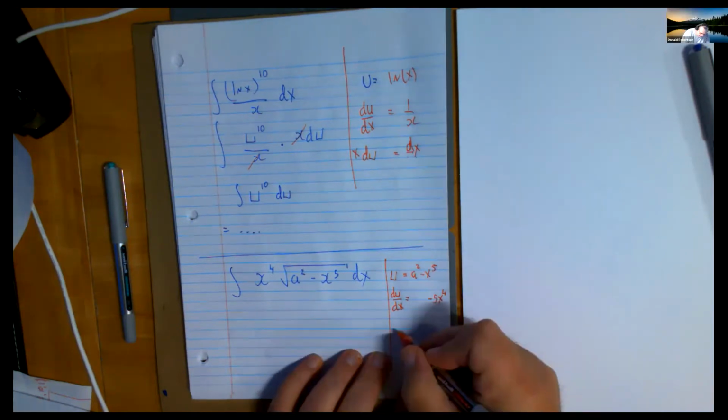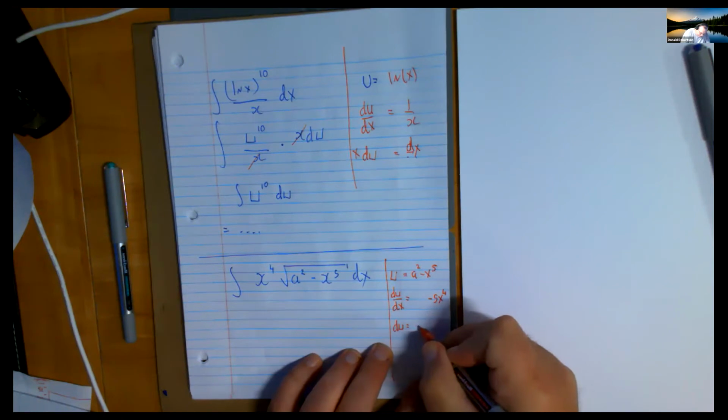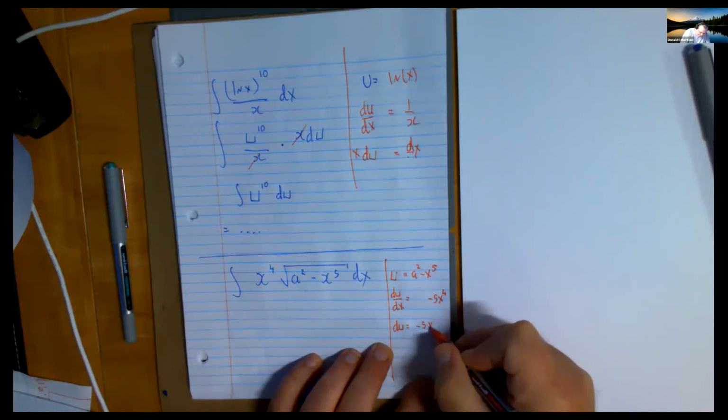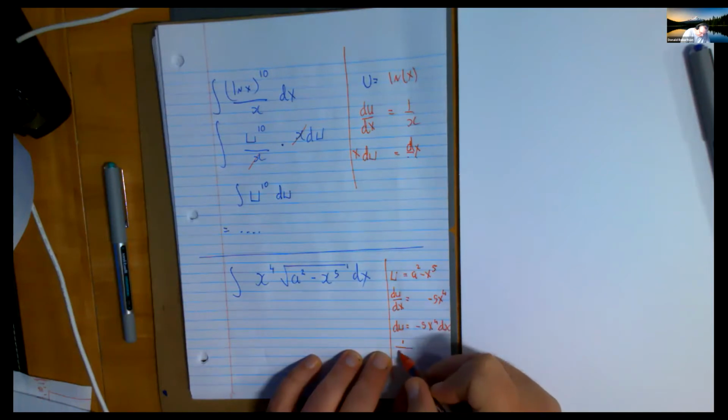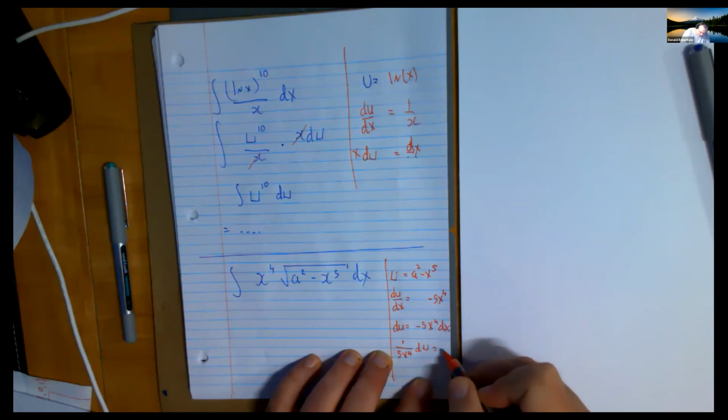So when you do the crossover, and when you want to isolate the dx, you get that.